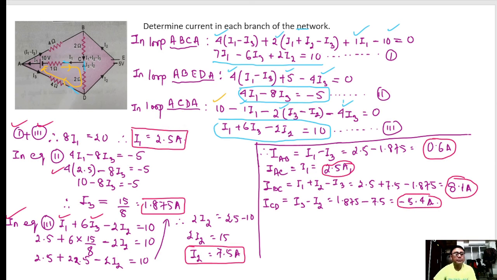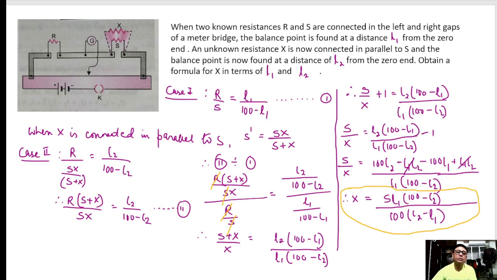Friends, next move on to this sum. So let's see what this sum is telling about. Two unknown resistances R and S. You see, this is R and this is S, connected in the left and right gaps of a meter bridge.